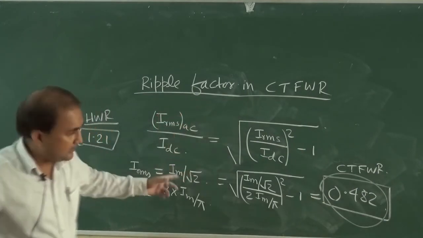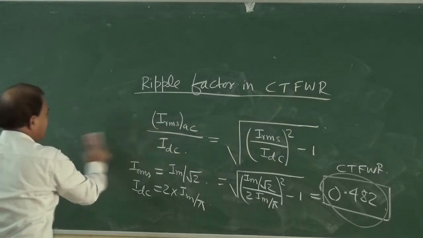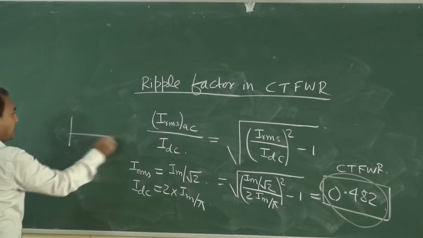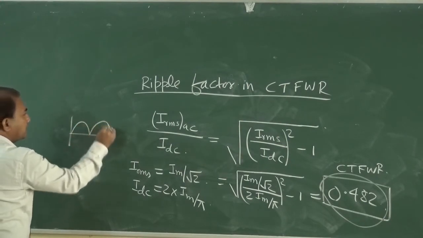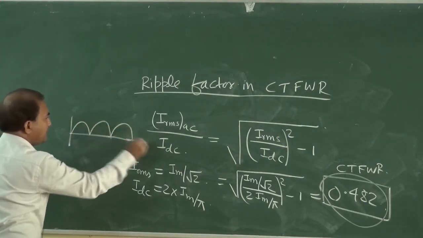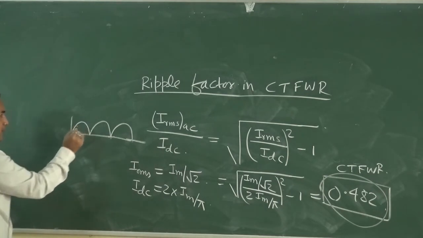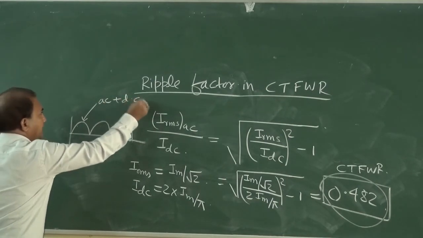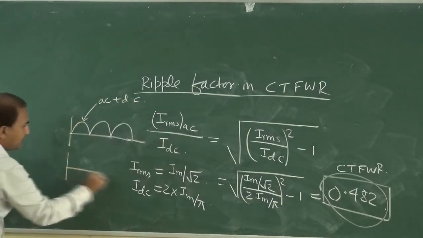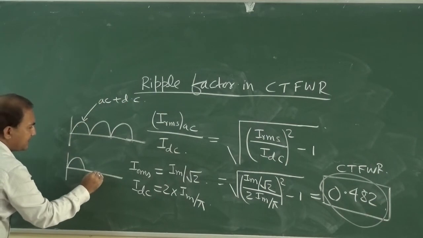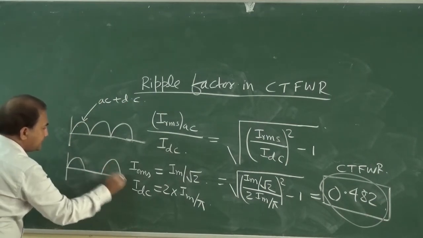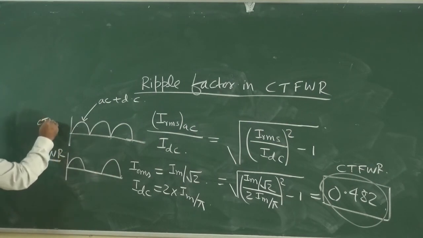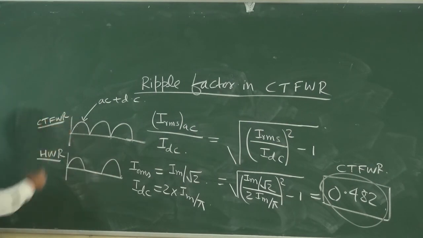So this signifies that this is the output of a center tap full wave rectifier circuit, with AC plus DC component in the output, and in case of a half wave rectifier circuit, like this. This is for half wave rectifier and this is for center tap full wave rectifier.